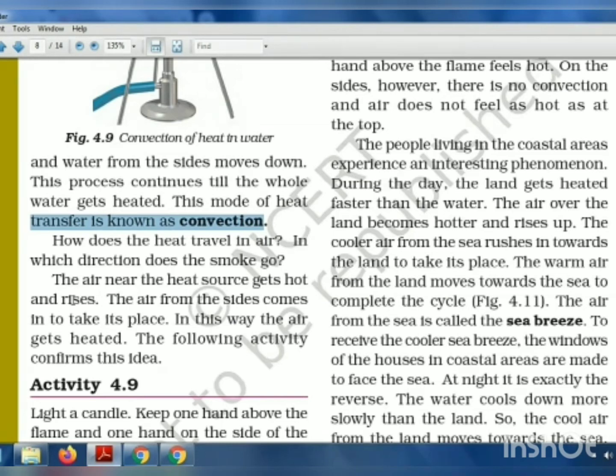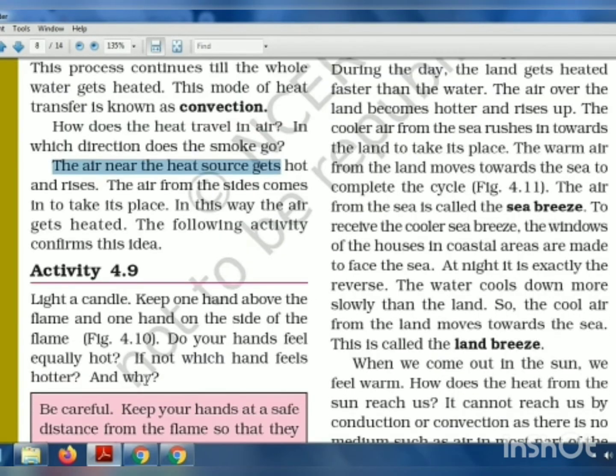That hot air starts to move up, and in the place of hot air, cool air takes its place. In this way, that cool air also becomes hot because of the heat generated by the land. So air near the heat source gets hot and rises. The air from the sides comes in to take its place. In this way, the air gets heated.